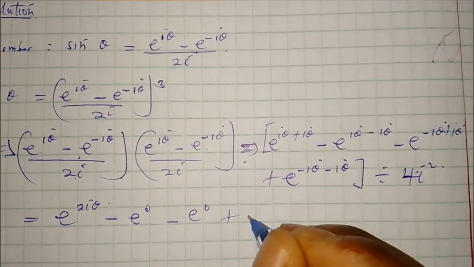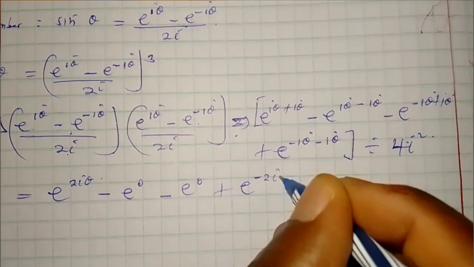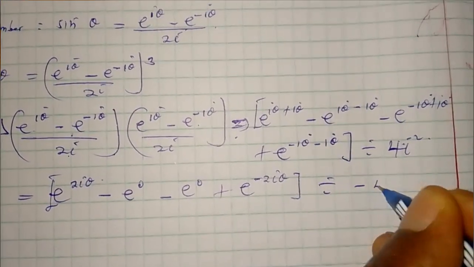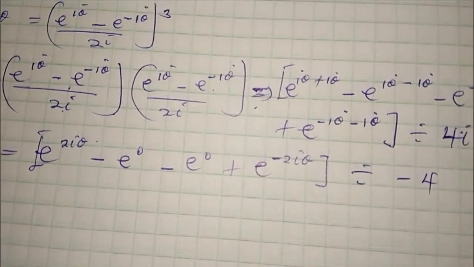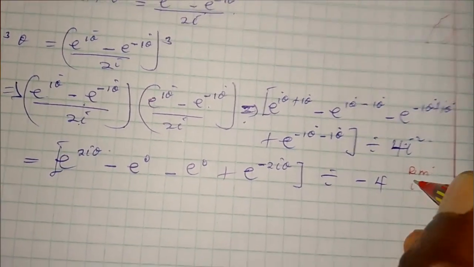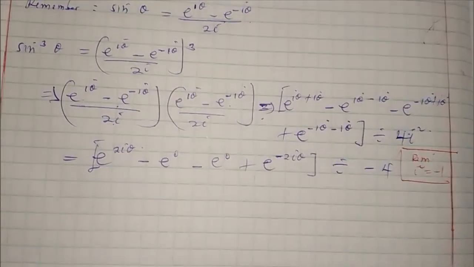Then plus e^(negative i theta minus i theta), which is negative 2i theta. The whole of this we divide by negative 4. Remember, i squared is equal to negative 1.